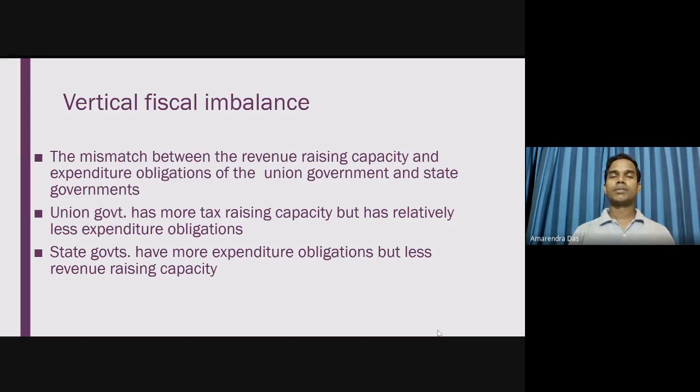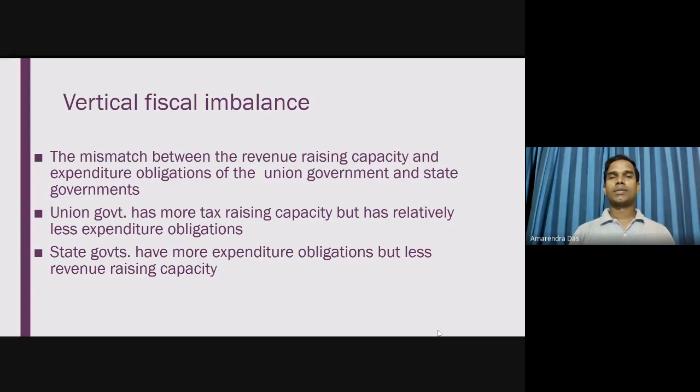Now, if you look at the Constitution of India, then in this Constitution, we have the union list, we have the state list, and we have the concurrent list. Now, in this union list, all the powers of the union government are described. That means what are the responsibilities of the union government.